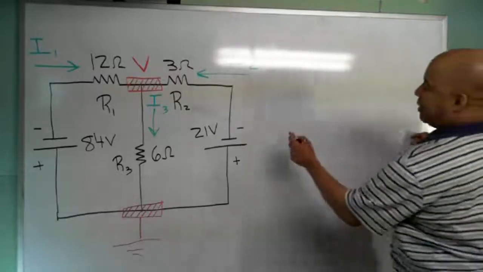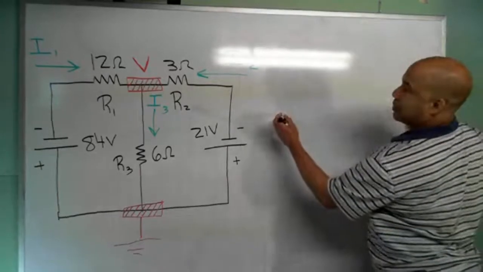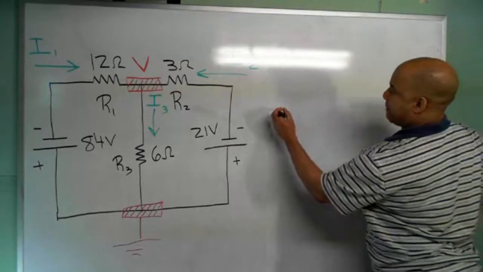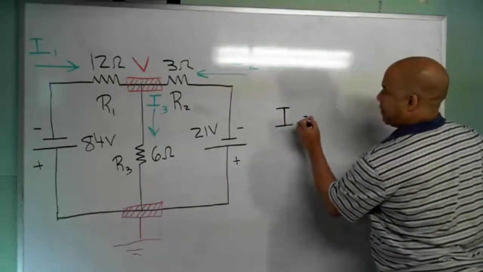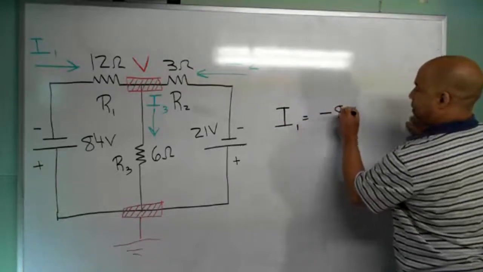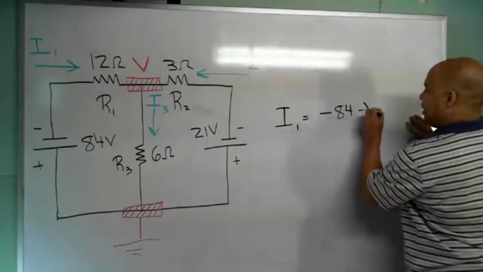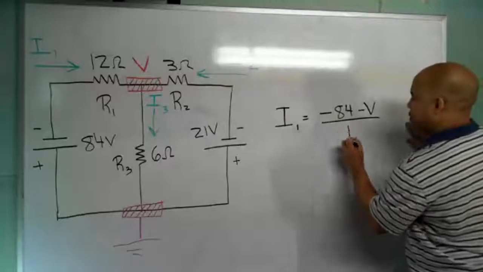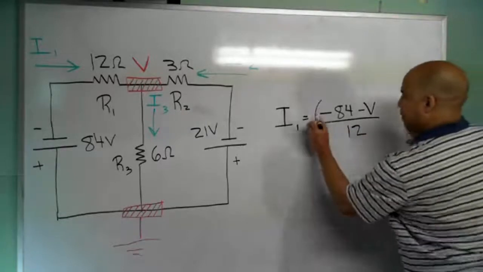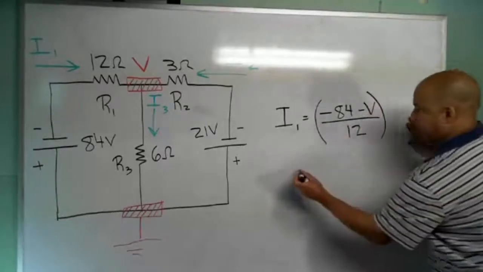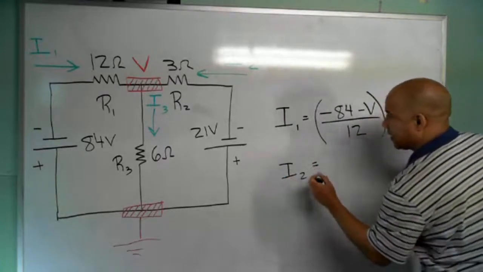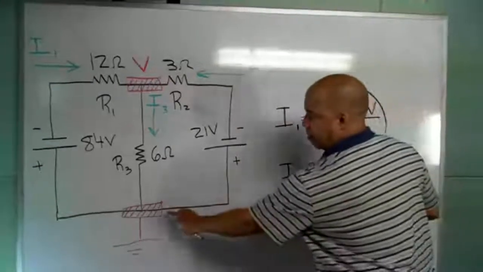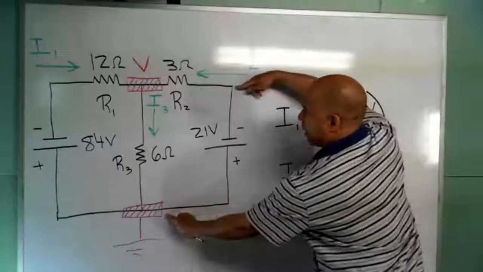So we had, I think down here at the spot up there, we had I1 is minus 84 minus V on 12. And we had I2. And what I did for I2, again, I take my black lead and put it here, my red lead and put it there.